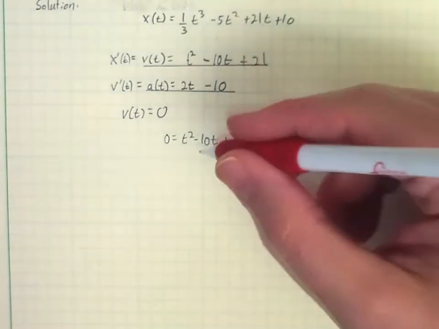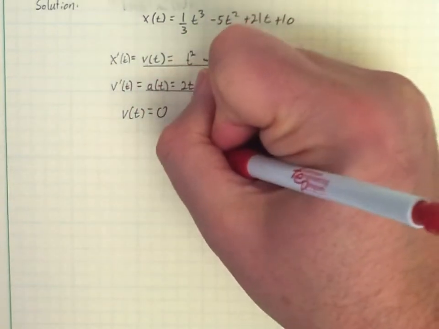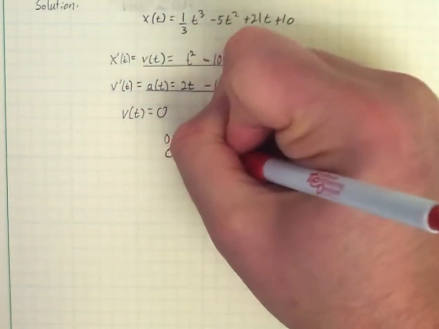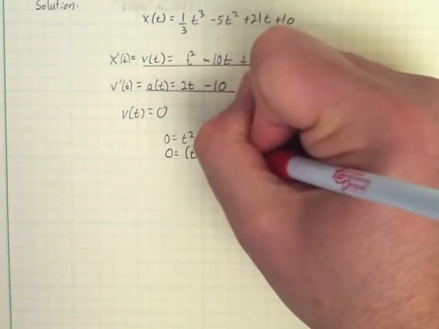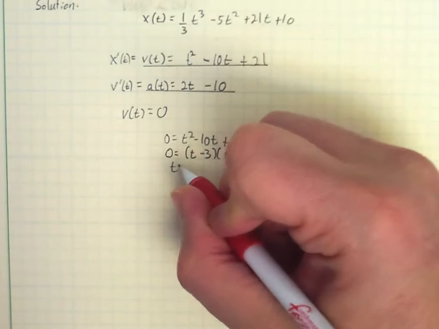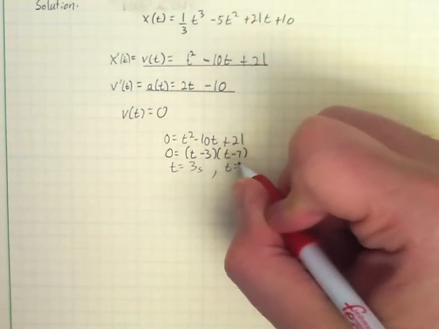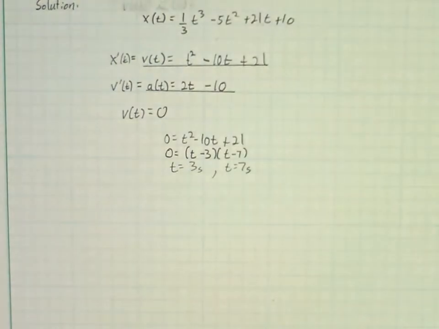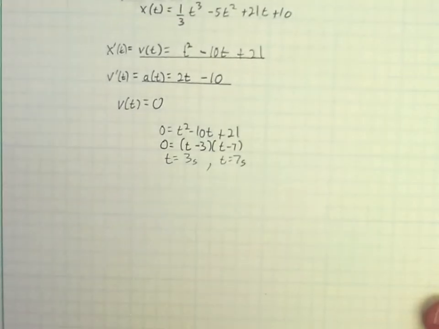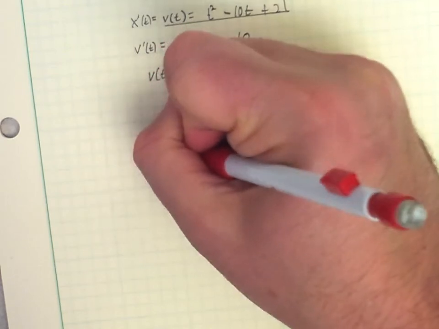Factoring can be easier if it works, and for this one it will. It turns out we can do this as t minus 3 times t minus 7. So t equals 3 seconds and t equals 7 seconds are my two solutions where the velocity of t equals 0.